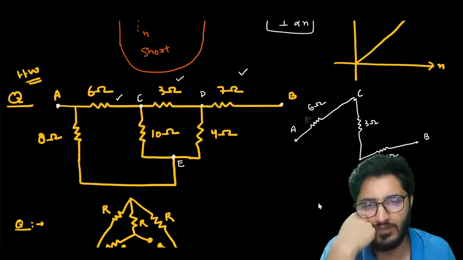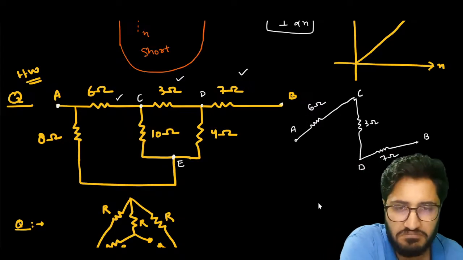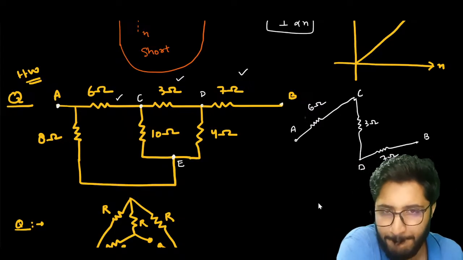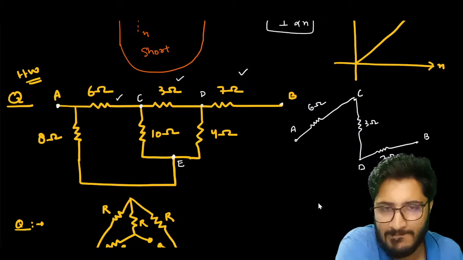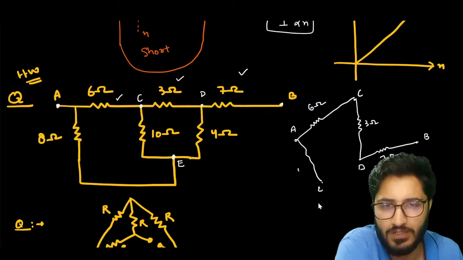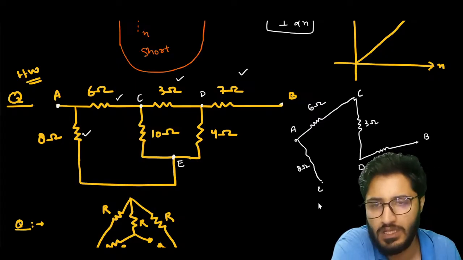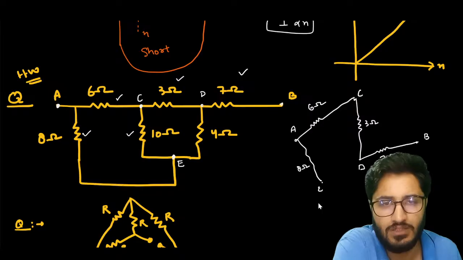So if A is connected with E, and D we have 3, so let's suppose this one is E. So AE here is 8 ohm, then CE, how much?